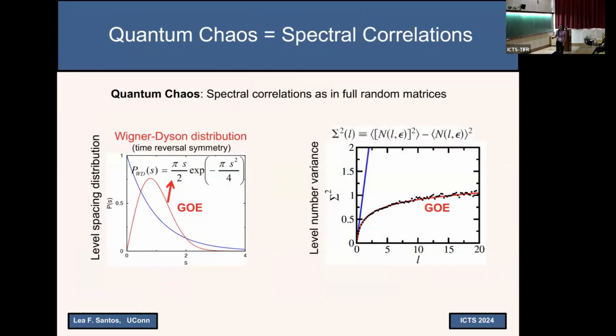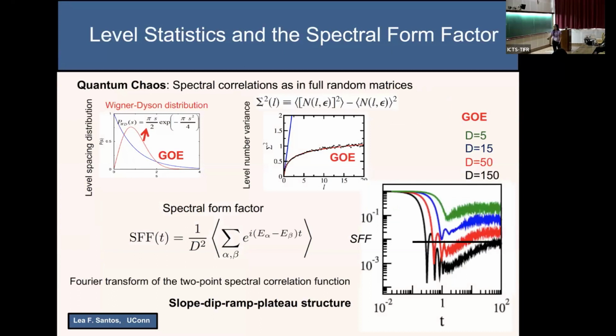So the term quantum chaos here, I'll be using it as a synonym of spectral correlations as in full random matrices, which you could quantify, which you could detect by studying level spacing distribution, or if you want a more complete analysis of your spectrum, taking into account also long-range correlations, you could look at level number variance or rigidity, or you could look at the spectral form factor, right?